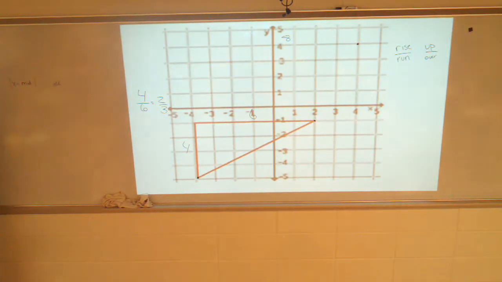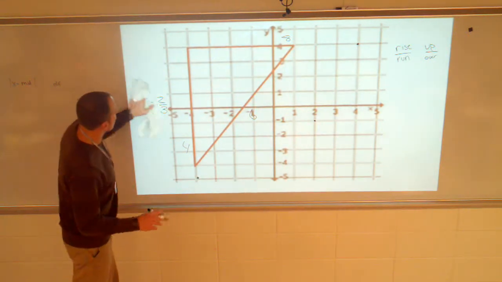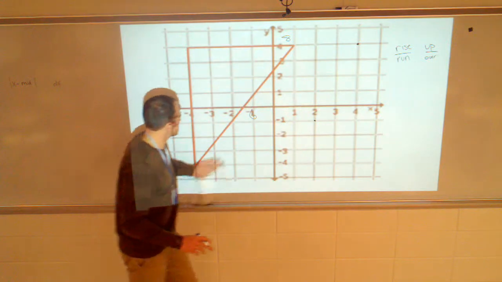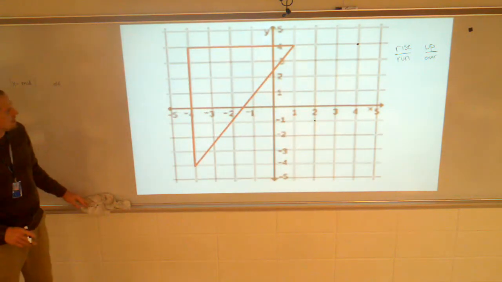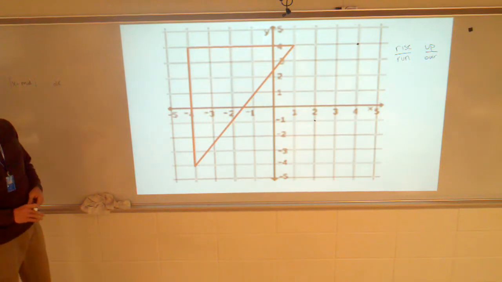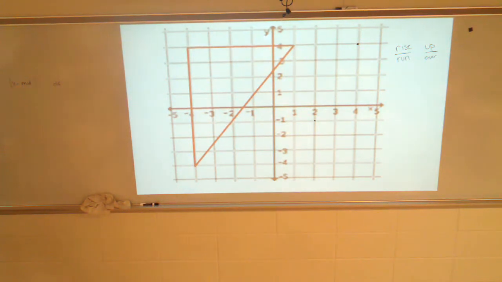So the slope of that line is 2/3. I would like for everybody to find the slope of this line. Now this will excite you. Leave it as an improper fraction.